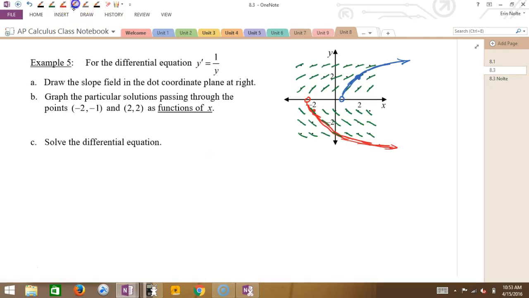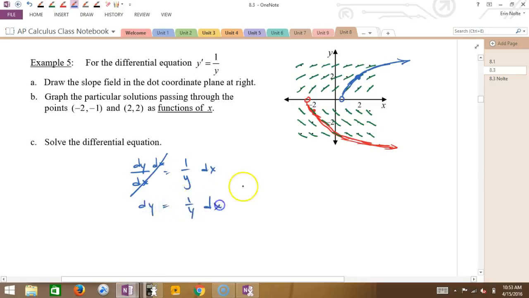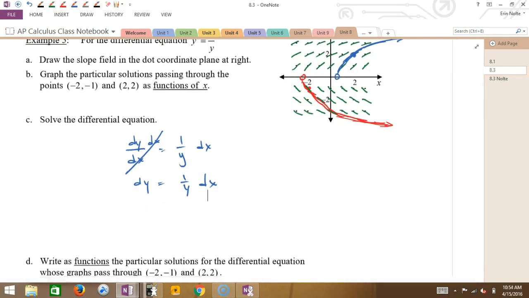Sorry. Okay, so the derivative of y is dy/dx, right? If I multiply both sides by dx, I have dy equals 1 over y dx. Follow there? Yep. Now I have to get my y to the other side, so I multiply it over.